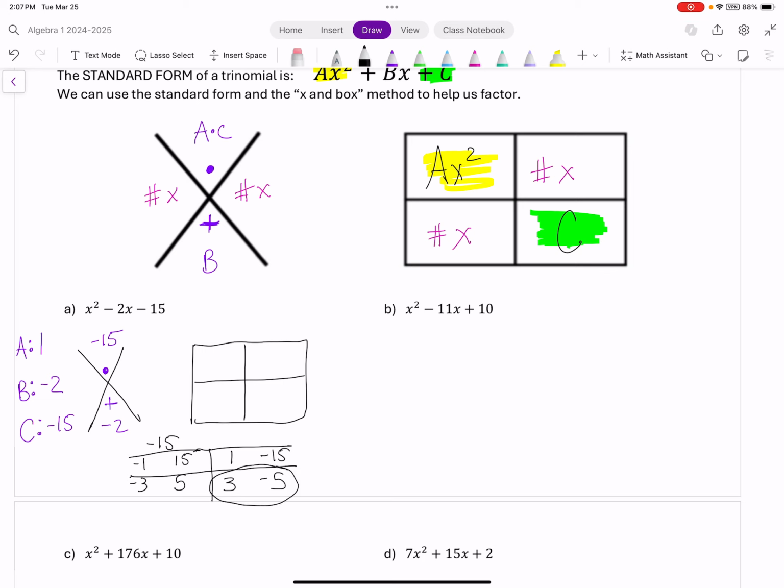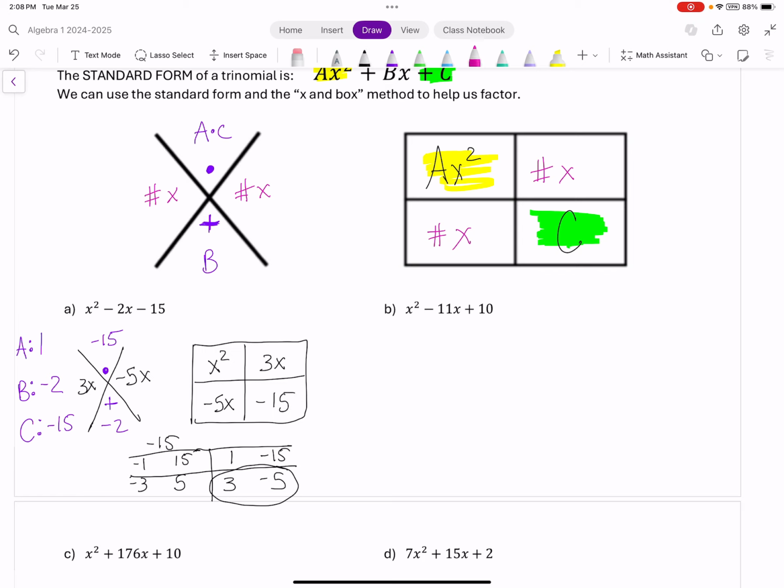That tells me that I'm going to use a 3x and a negative 5x. So inside the box, those numbers are going to go 3x and negative 5x. The first square is going to be from our first term, which here is x squared. The last term is going to go into our last box.